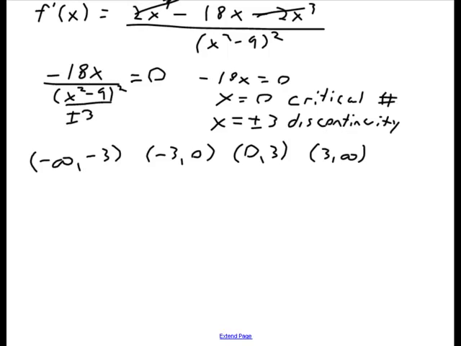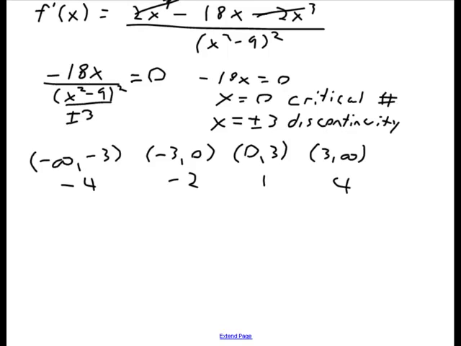So we just need to pick any number within these intervals and plug it into our derivative. Just pick a number out of convenience. It can't be the endpoints, like negative 3 or 0 or 3, but any number within the interval. So we can say negative 4 for the first, negative 2 for the second, 1 for the third, 4 for the fourth.